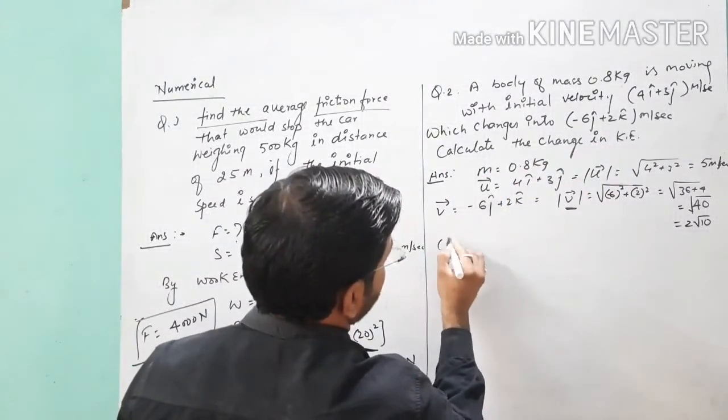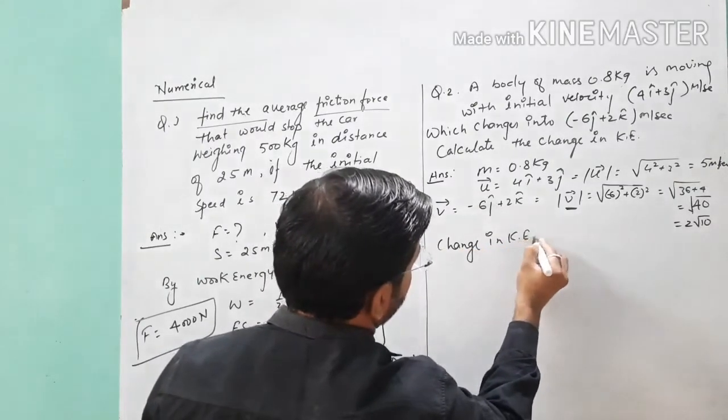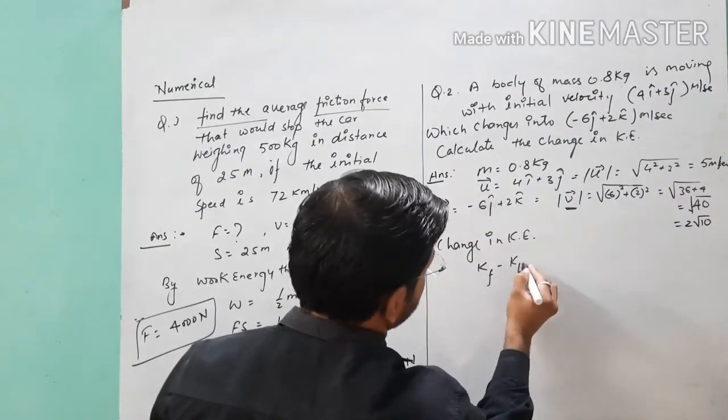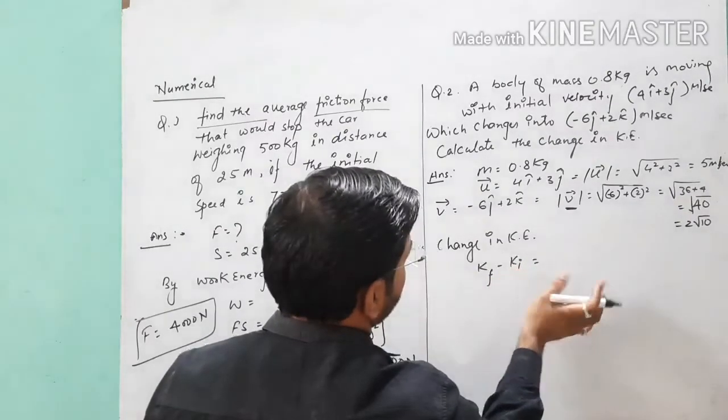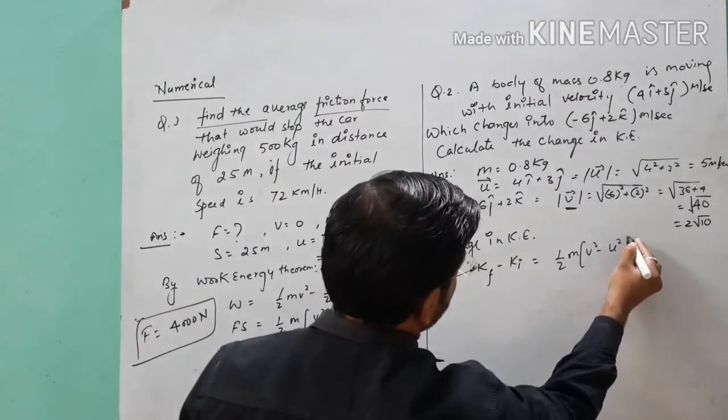Now see, calculate the change in kinetic energy. It means that here we will calculate the work. Change in kinetic energy means kinetic energy final minus kinetic energy initial, so we can write half m, v square minus u square.